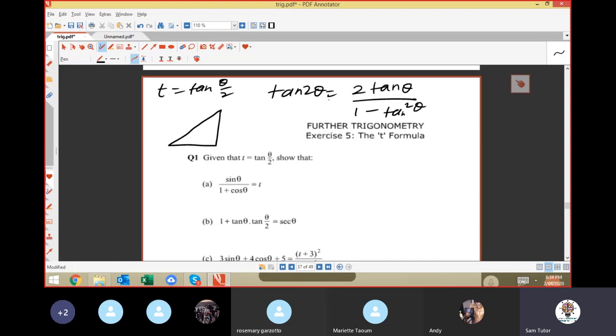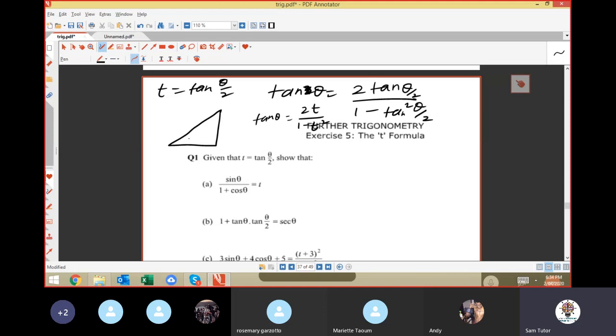If I halved each angle, which means this now becomes just theta and this becomes theta on 2, what you end up getting is tan theta is 2 tan theta on 2, which is t, so 2t on 1 minus t squared. From that, we're able to get this triangle, which is what you're going to just memorize.